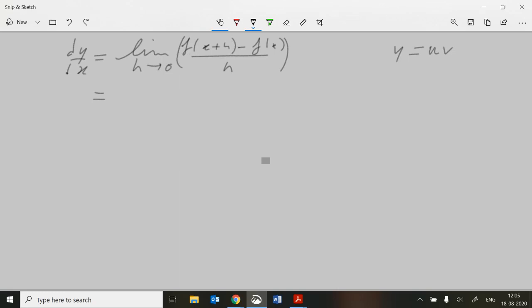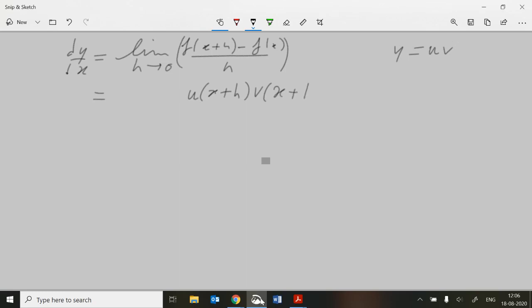So what we're going to write here is u of x plus h, and because this is a product of two functions, then the function itself, which I'm switching to the notation of y for, so this is really f dash of x, but equivalent to dy/dx, is equal to u times v with the x substituted in as well.